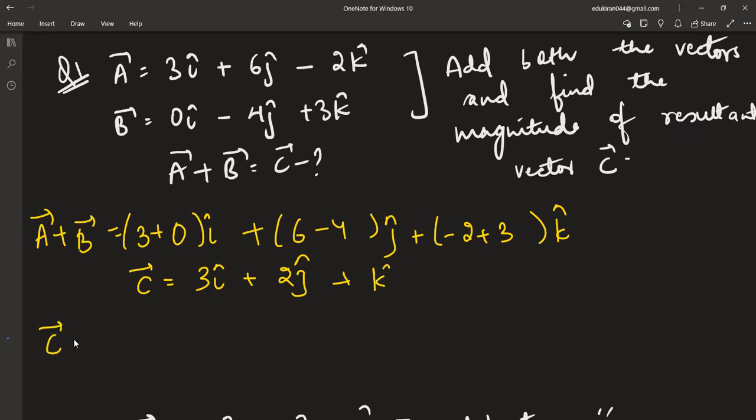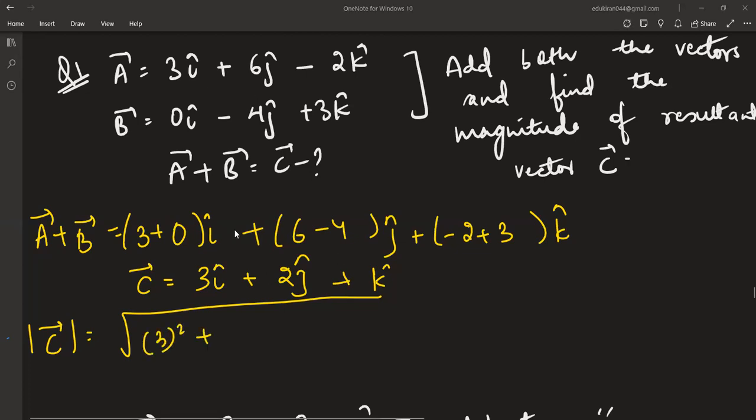See, for the magnitude, we take the coefficients and then square the coefficients and add them. Khudeja, what should I write now? Yes, Khudeja? 3 square. Very good. Next, Khudeja.